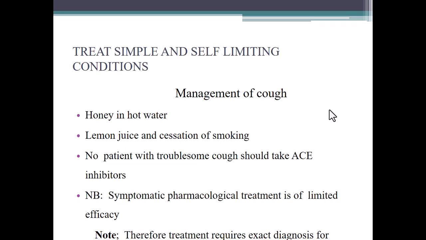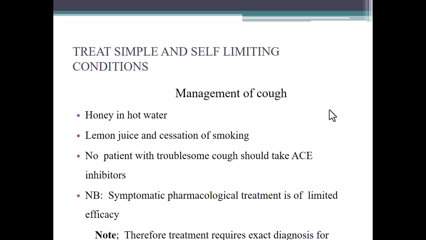No patient with troublesome cough should take ACE inhibitors. Angiotensin converting enzyme inhibitors are medications that are given to hypertensive patients. Your doctor can prescribe it. Please don't go and do self-medication when you have high blood pressure and take this.